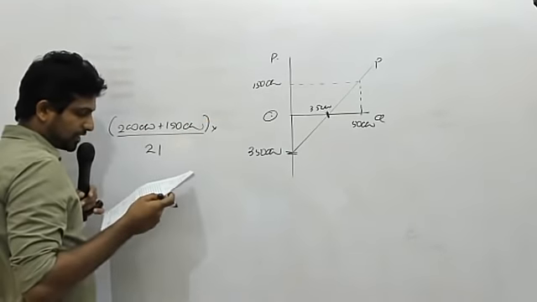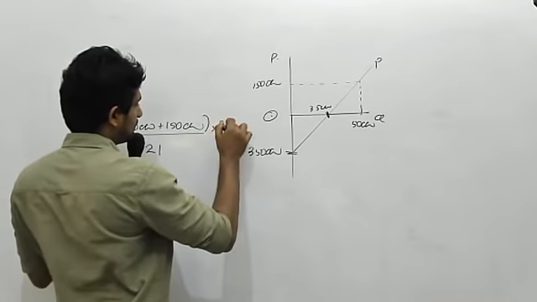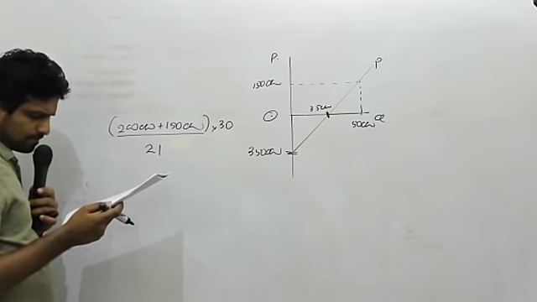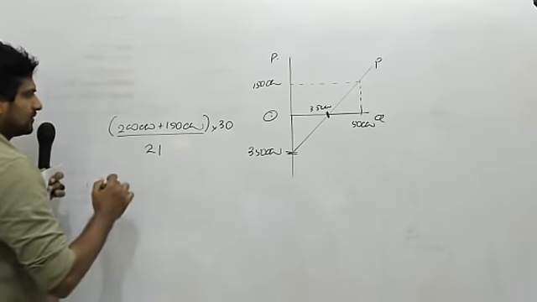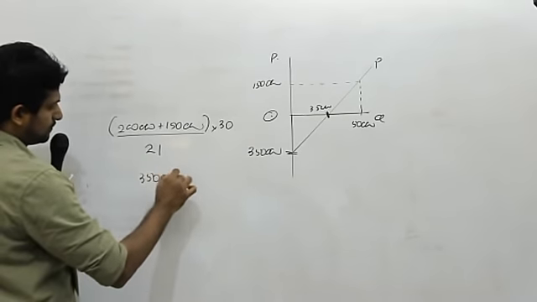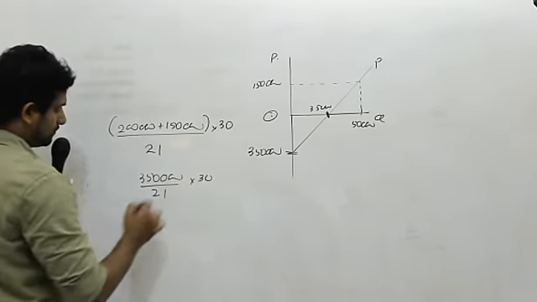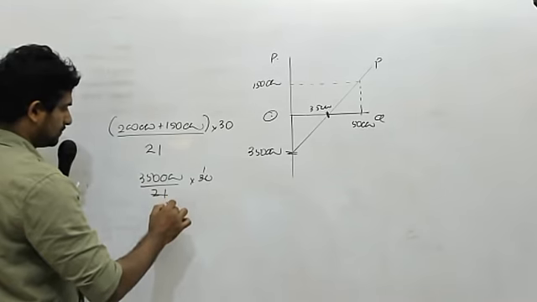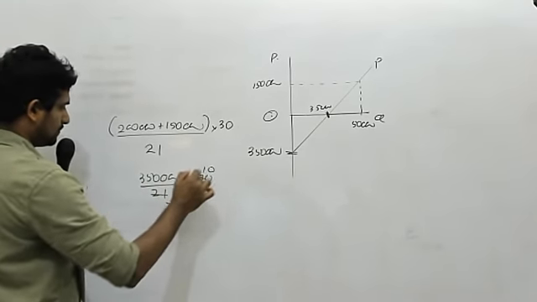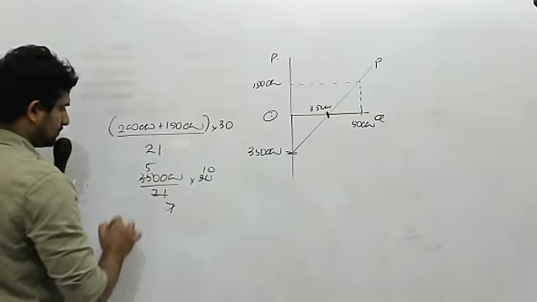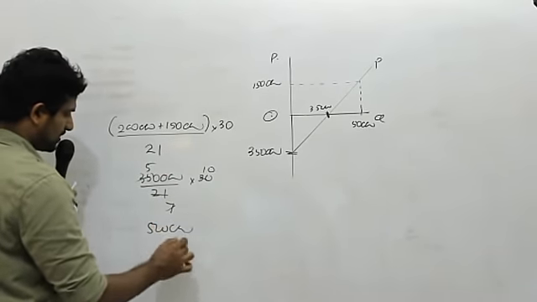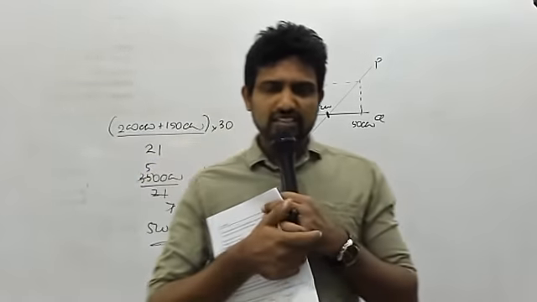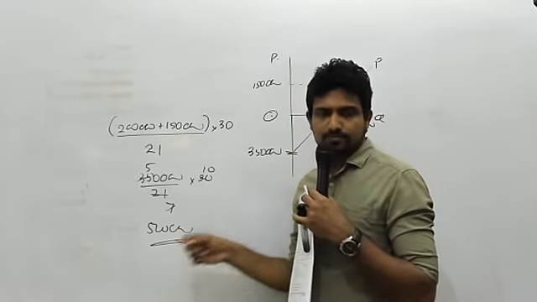Into selling price per unit 30. This is what they are asking, I think. Is it 500,000 rupees? Yes, that is in rupees they are asking. 500,000. Not the quantity.